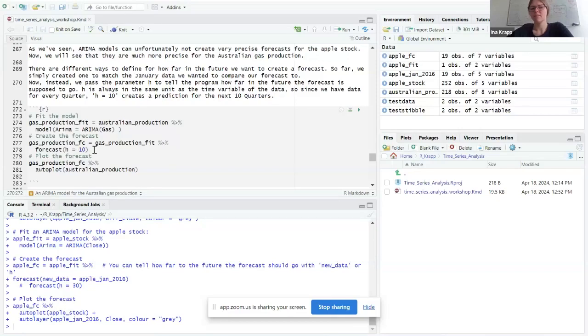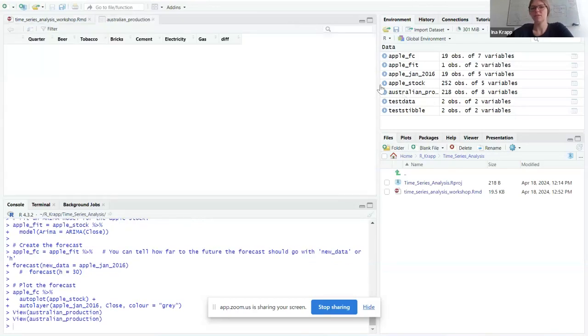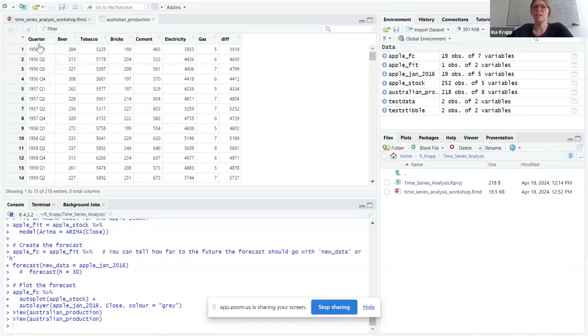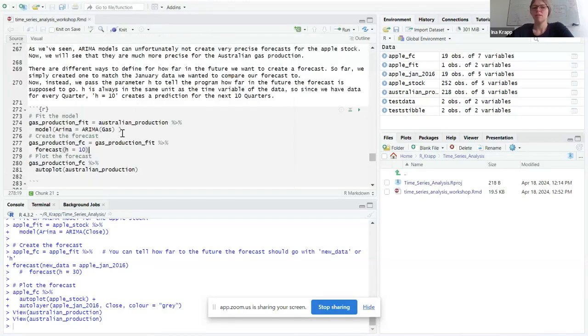So in this case, it will predict 10 quarters into the future because for the Australian production data, the time series unit are quarters. If we did the same with the stock market data, it would only predict 10 days into the future because the stock market data was given daily.